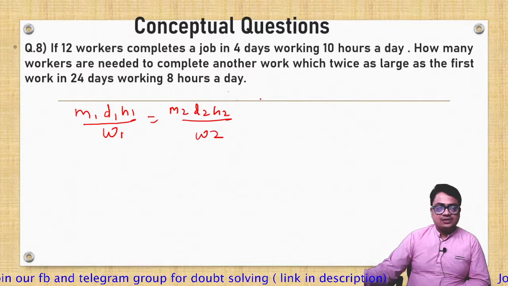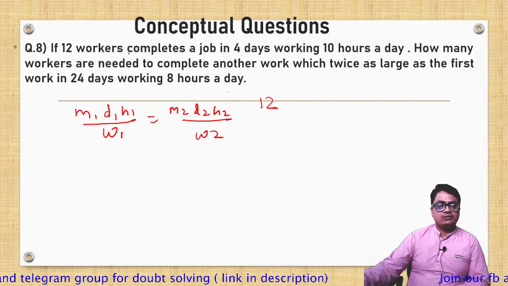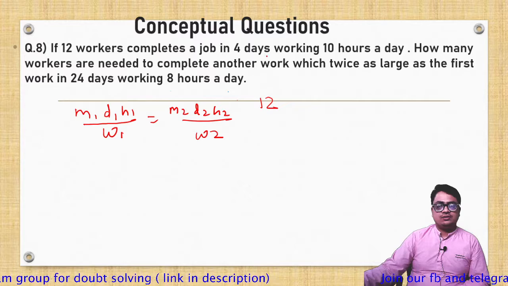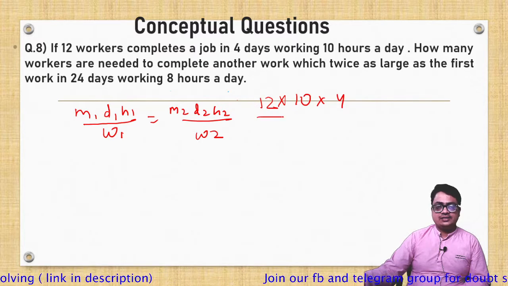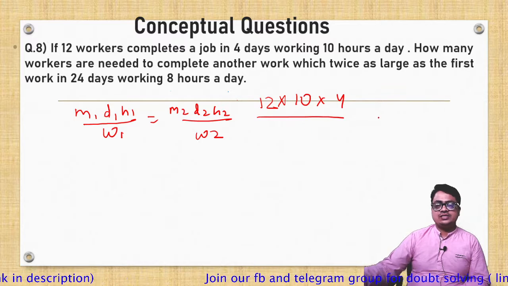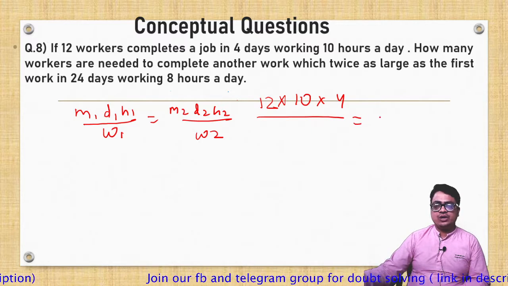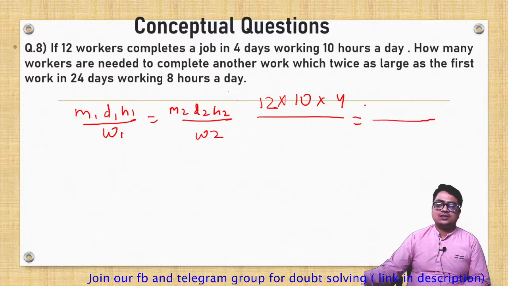So in the first case, 12 men, 12 workers, working 10 hours a day, for 4 days, and in the first case we do not have any relation with the work, so we are keeping it blank.